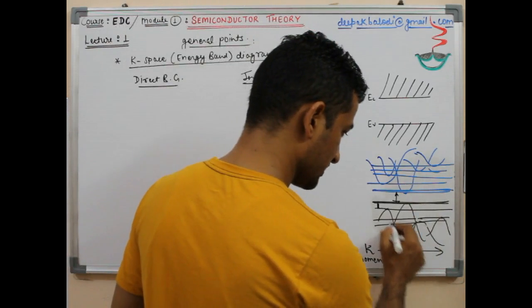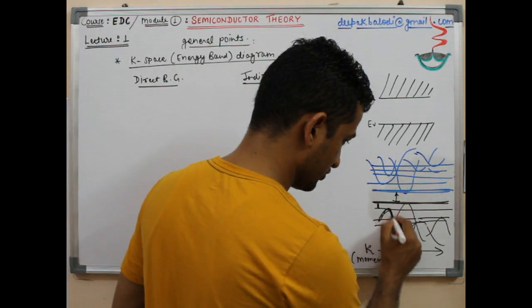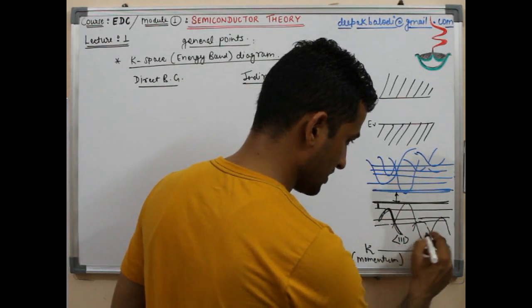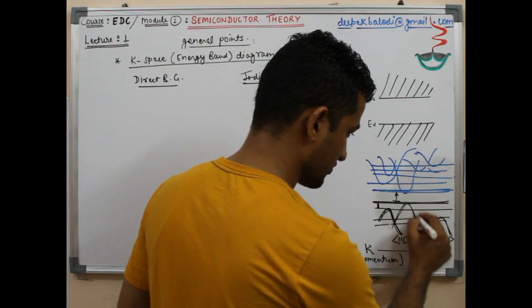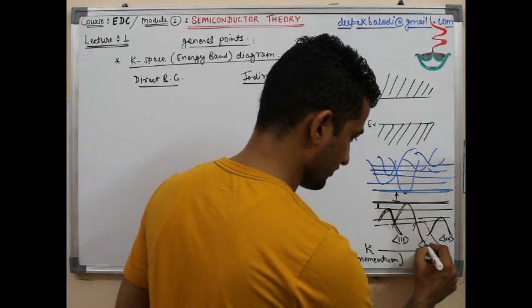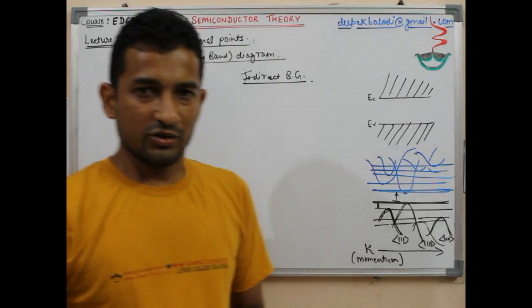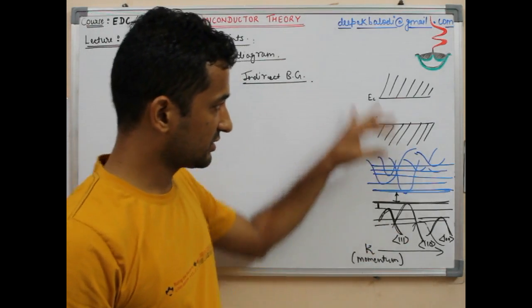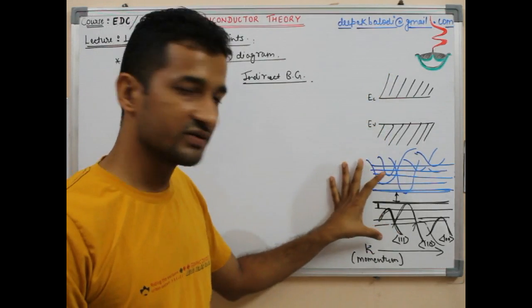So maybe this may correspond to 111, this one to 100, and this to 110 or something. Therefore this picture is a crude approximation of this.